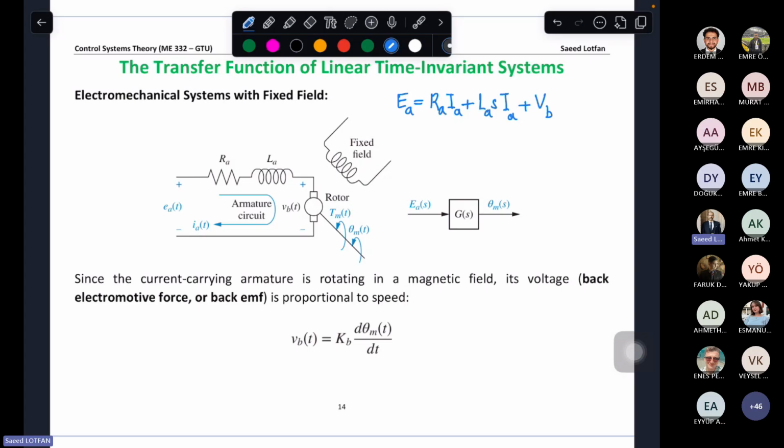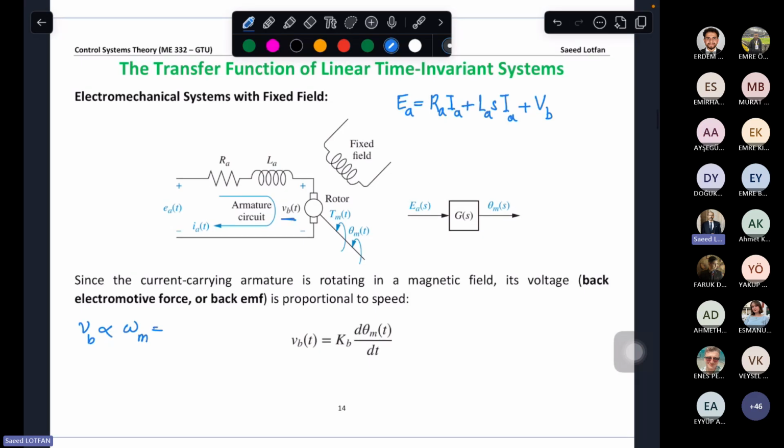The electromotive force or back EMF, which is VB, according to some experiments and some simplifications, is proportional to the rotation speed, omega m, that is the omega of the motor.